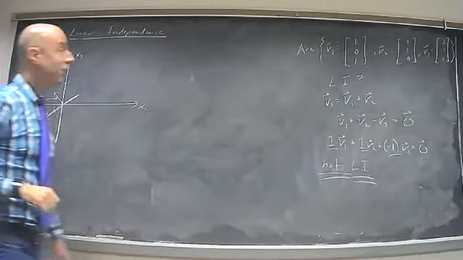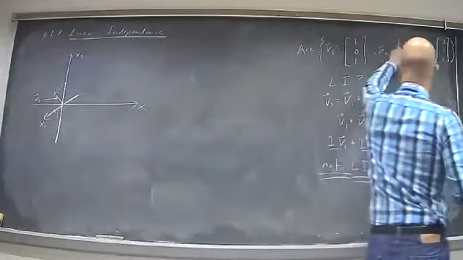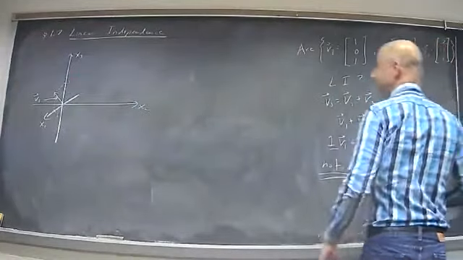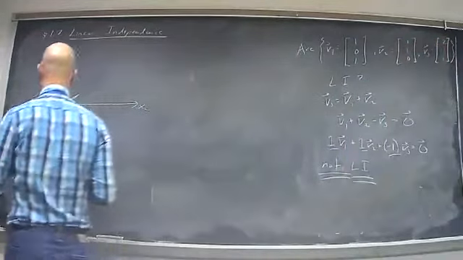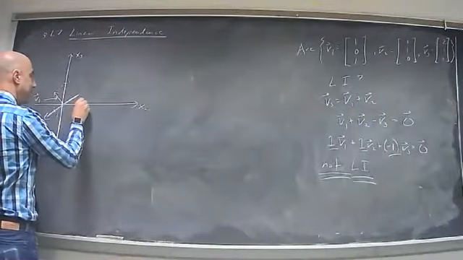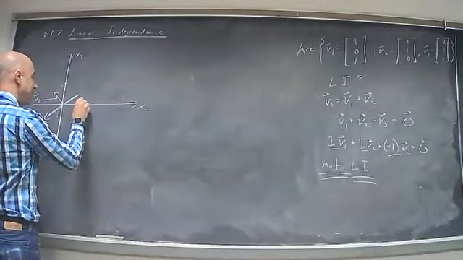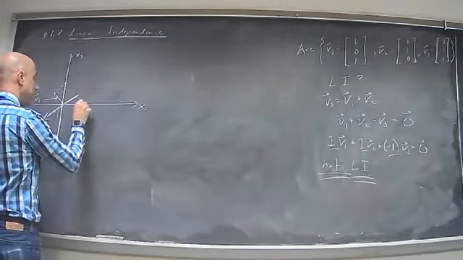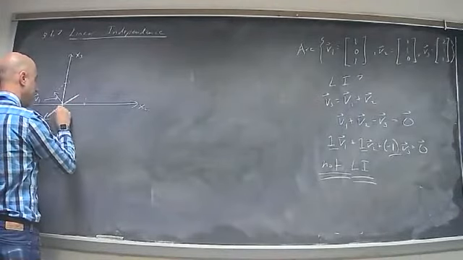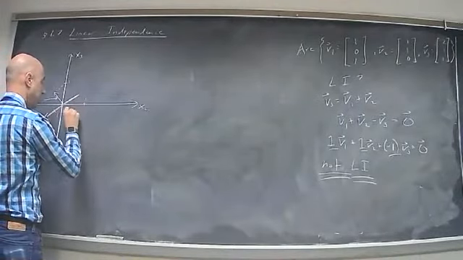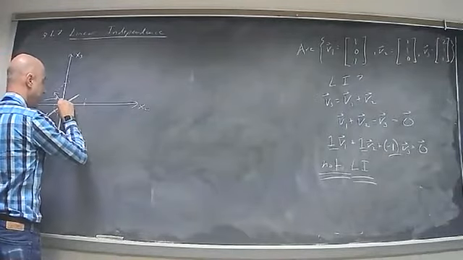And I also have the vector v2, which is 1 on my x1 axis and 1 on my x2 axis. So there's v2.